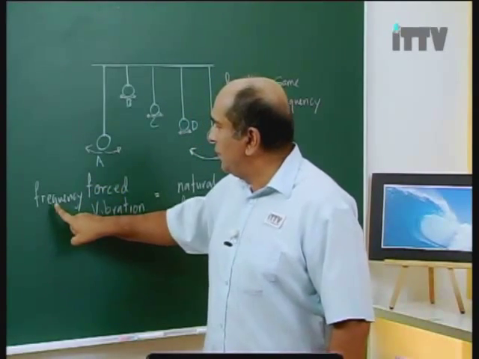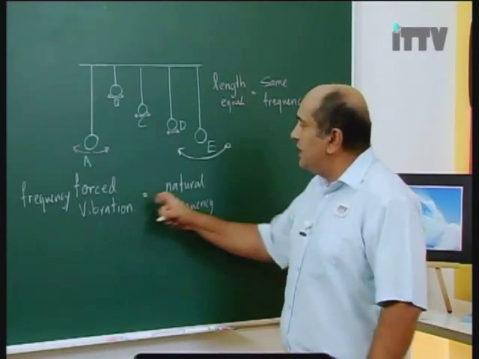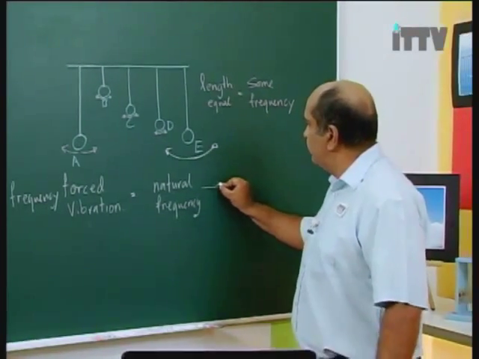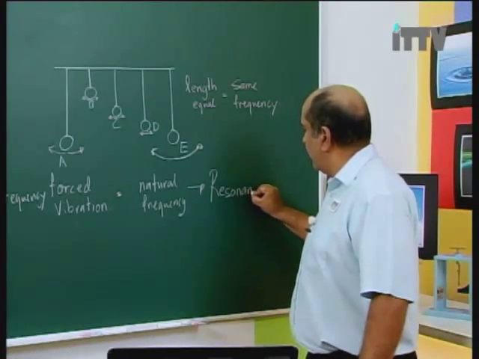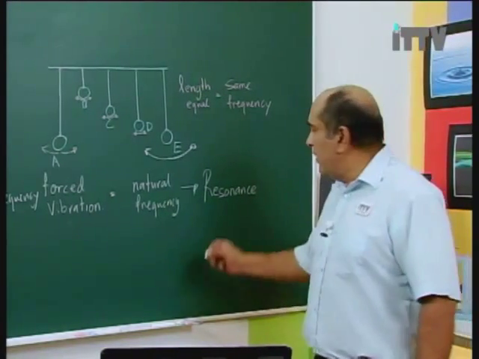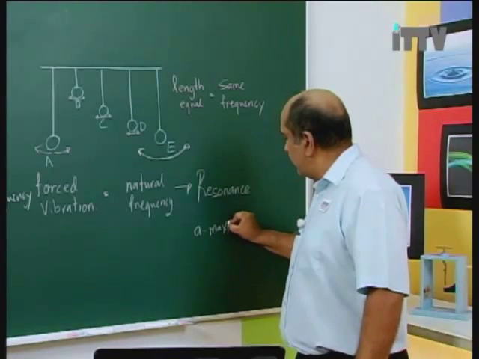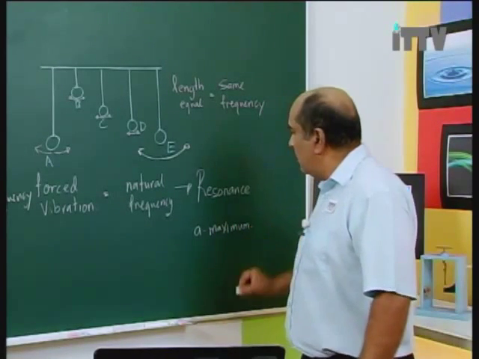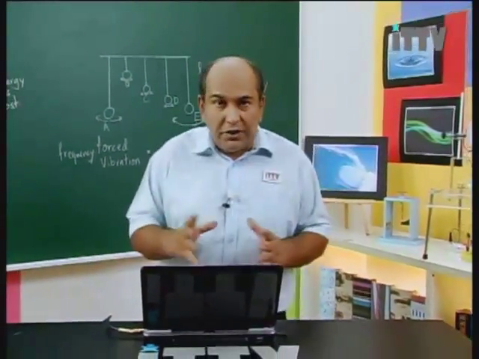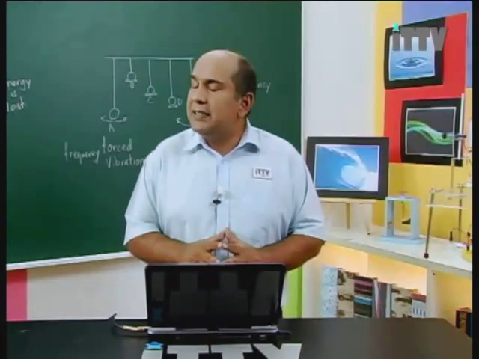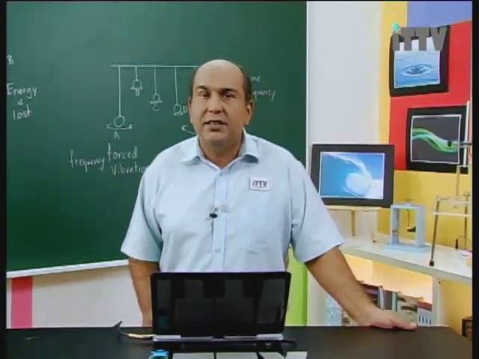Frequency. Okay, so the frequency of the forced vibration is equal to the natural frequency, and if this occurs, we get resonance. And when resonance occurs, your amplitude is at a maximum. So remember, the key here is the forced vibration's frequency is the same as the natural frequency, and then you get this resonance occurring.